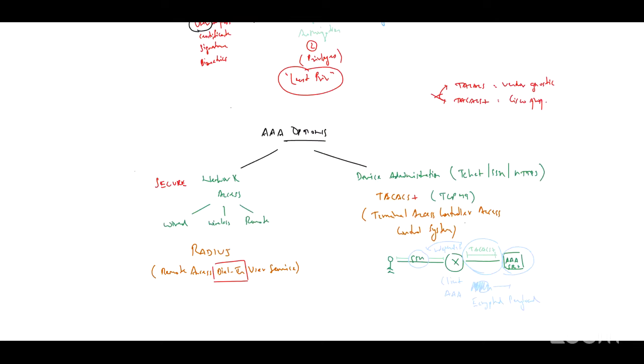That led to the creation of Radius. That's why you still see that name there, Remote Access Dial-In User Service. And nowadays, obviously, we don't have dial-ups or modems. We have fiber to the home service, etc. But Radius has since been repurposed to be used inside of enterprise networks.